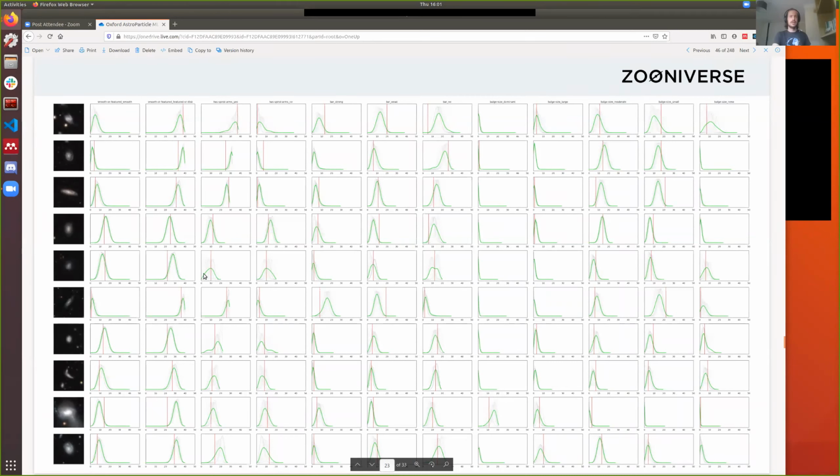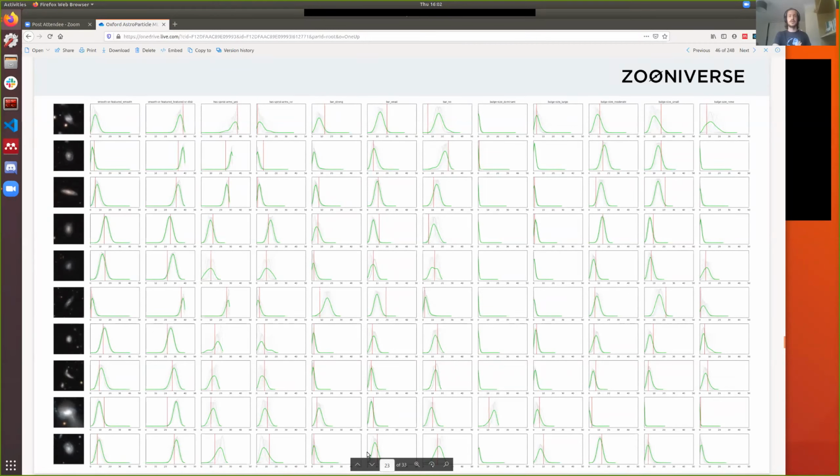And then we have the marginalized predictions when we run dropout many times and average over those gray ones, in green. And this is, I should say, a random set of galaxies. So this is totally representative of the typical performance of the model. And you can see it does a pretty strong job at predicting, at the very least, what the volunteers really said.